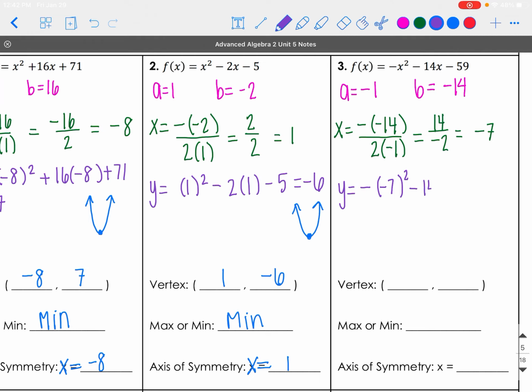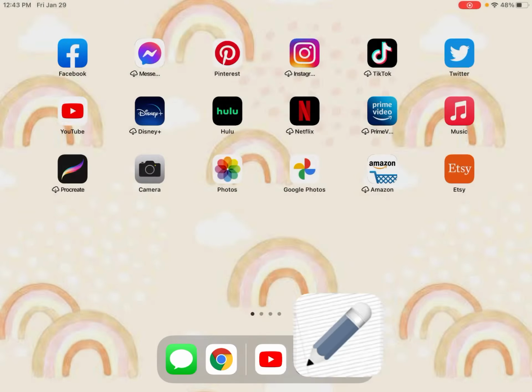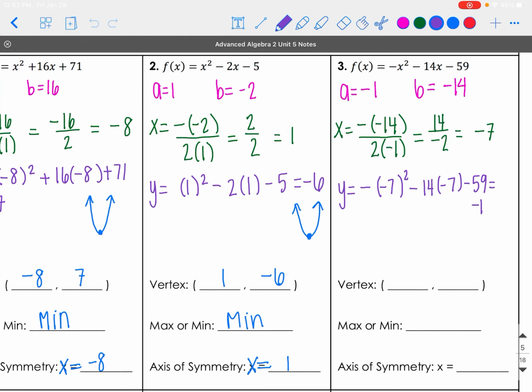The squared goes outside. If you type that in your calculator, you should get negative 10. So the vertex is negative 7, negative 10.